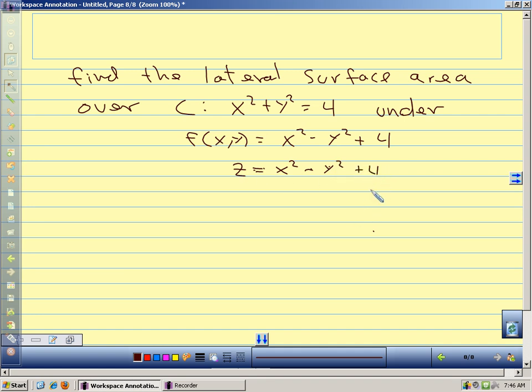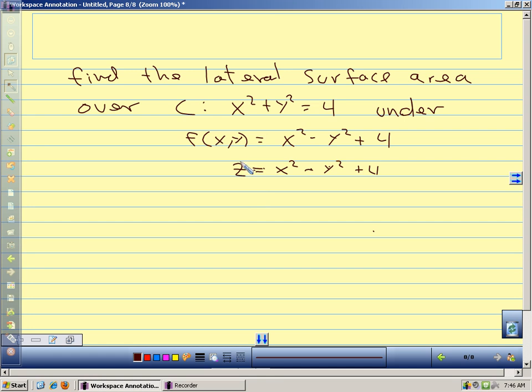So what is z equals x squared minus y squared plus 4? I'm not worried about the shape, but relative to the xy plane, what is z? If the xy plane is here, which direction does z take us? Up.